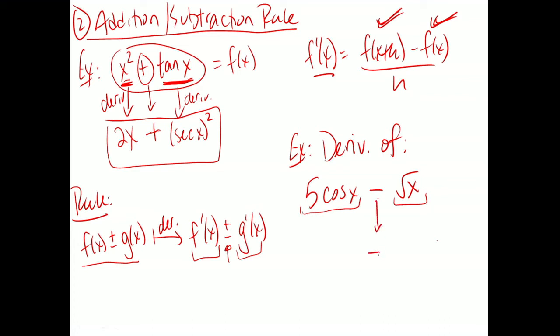I could say, well, I'm just going to do the derivative of each one of these guys separately and then subtract. All right. Now, to do the derivative of 5 times cosine, if I'm really being careful here, I would say, well, that's technically a coefficient rule because I have a number in front of a function.